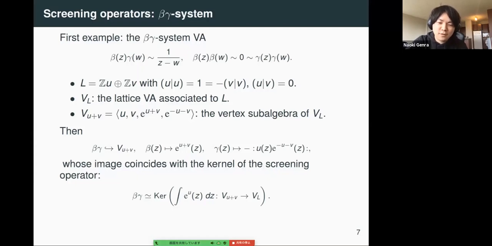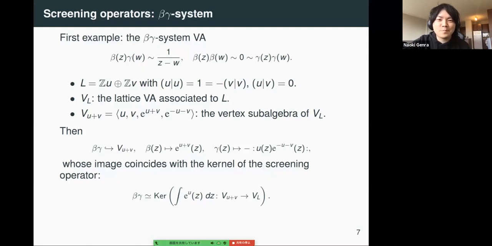So this kernel means the kernel of e^u_(0). You can compute that the image lies inside the kernel of this e^u_(0). Because e^u is just an element of the lattice vertex algebra, it is easy to check this statement. This is a very simple example, but it is the starting point.